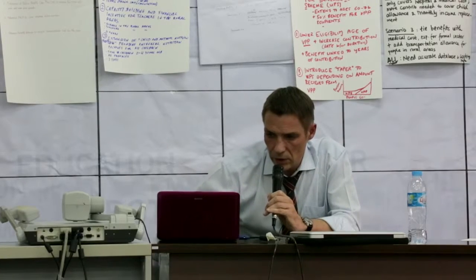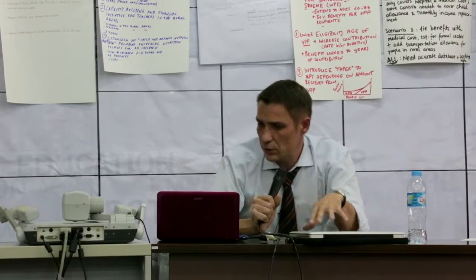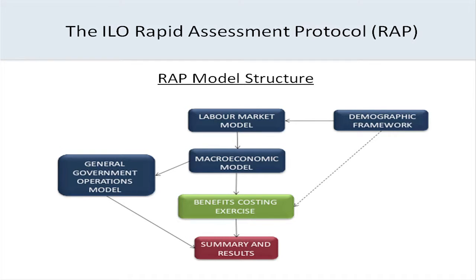So maybe I'll just show the model structure. You have seen this before in Valerie's presentation. So in dark blue, you can see the model framework. So this includes the population demographic framework. Then we have the labor market, labor force, or economically active population, and we have employment.